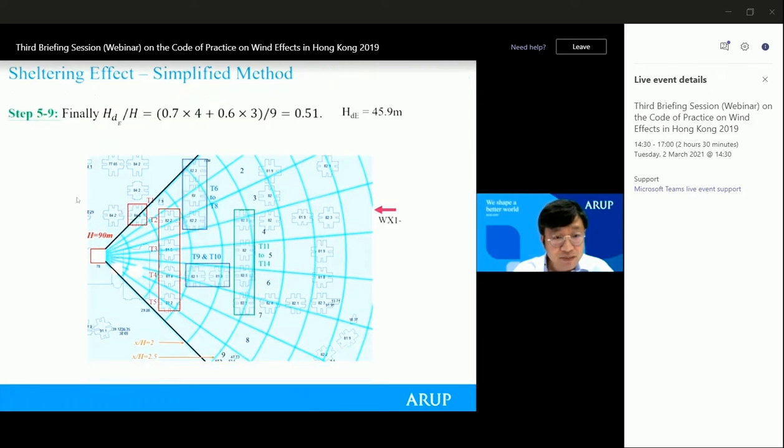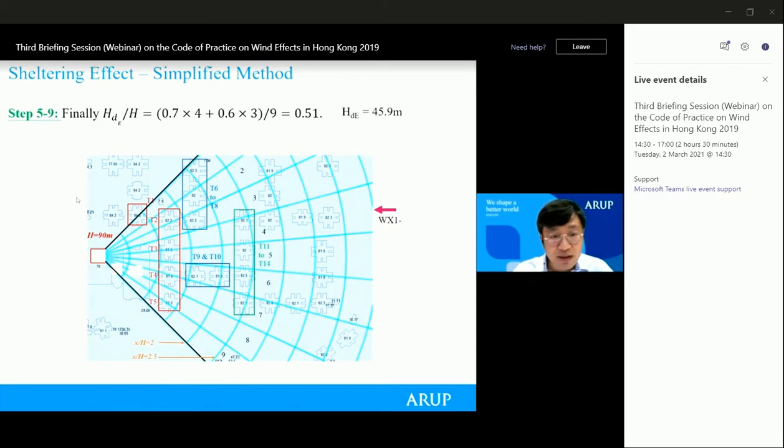With all this calculated, we do a weighted average. In total, in all the 9 divisions, we have 4 divisions with full sheltering, that is 0.7, 3 divisions with the displacement height as 0.6, and 2 divisions with the displacement height as 0.